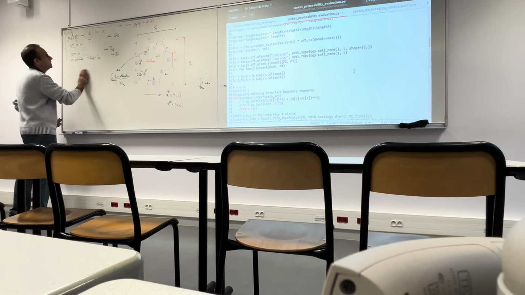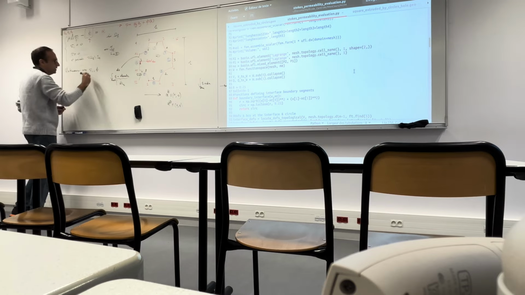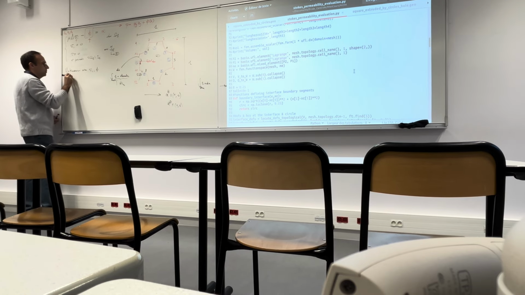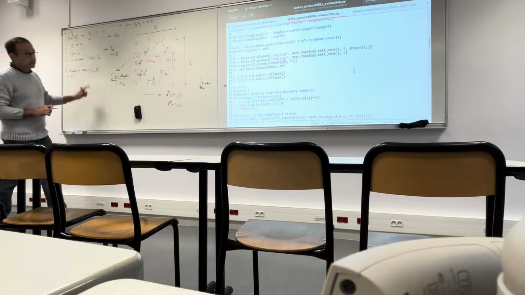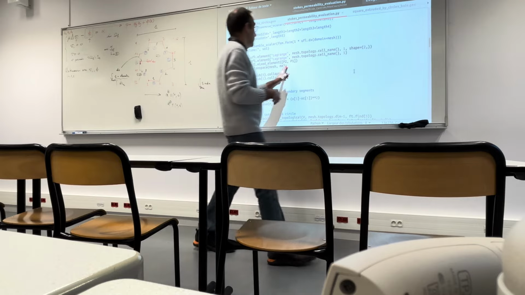But the first point is that our unknowns are Vi and phi, with i equal to 1 and 2, since we are in 2D. We have three unknowns, and so we have to specify finite elements for the two unknowns, and this is exactly what is done here.